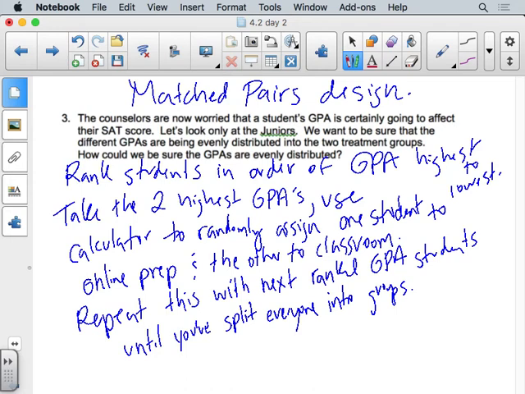Maybe though, it's skill level, like rank yourself on, have you played volleyball before, 1 to 10. And we split Alethea and Megan up because they've played volleyball, and the lowest get switched up into the 2 groups too. So you can do that with anything. We're just trying to split people evenly, whatever the game or group is. So rank people who are similar to one another and make sure they get split into the different groups.